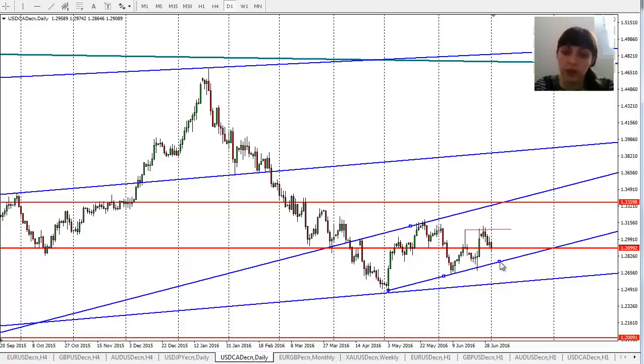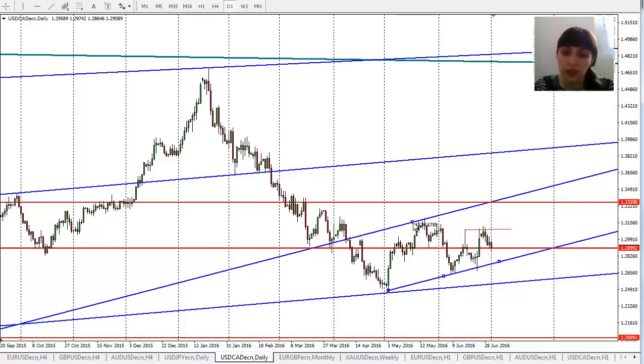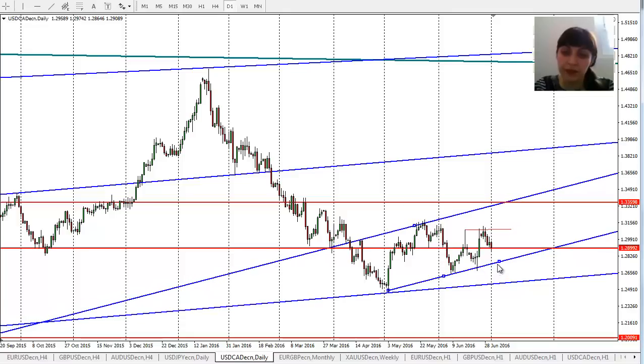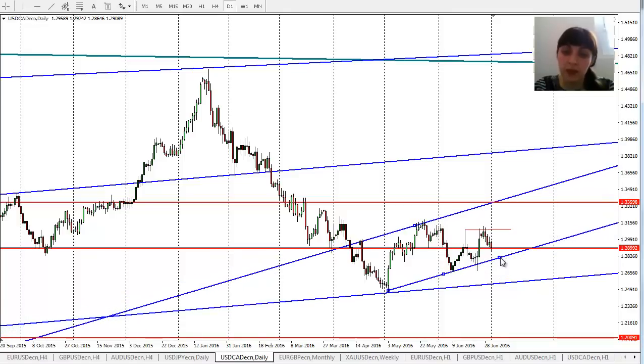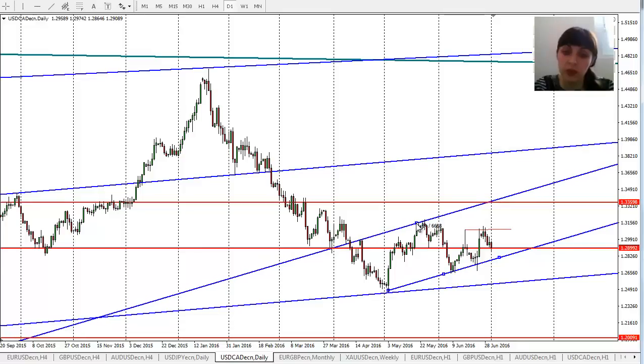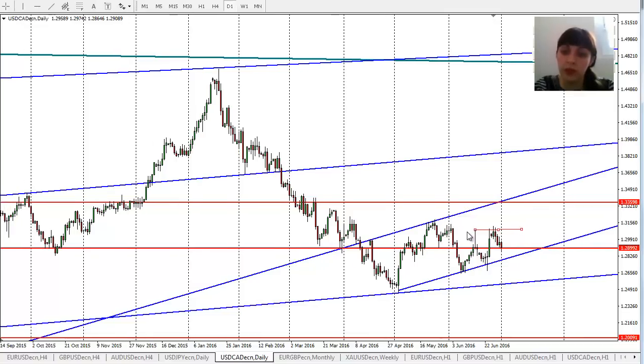I think I'll put it a little bit higher to adjust it. Plus minus, as I'm saying, when it gets close to the levels, that's where you need to start to worry. So that could be this way, or it could be the other way.